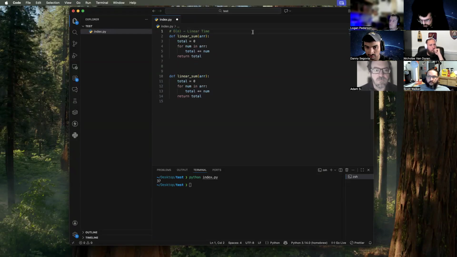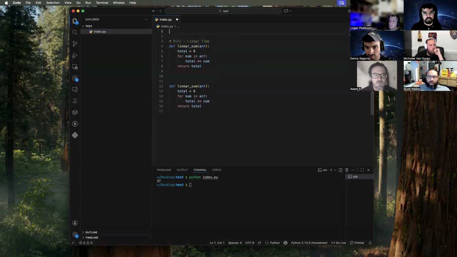It adds all the numbers in the array. Right, so if the array was 1, 2, 3, 4, this would give us what, 10? Yes? Yeah? Yes. Okay. Let's do linear.